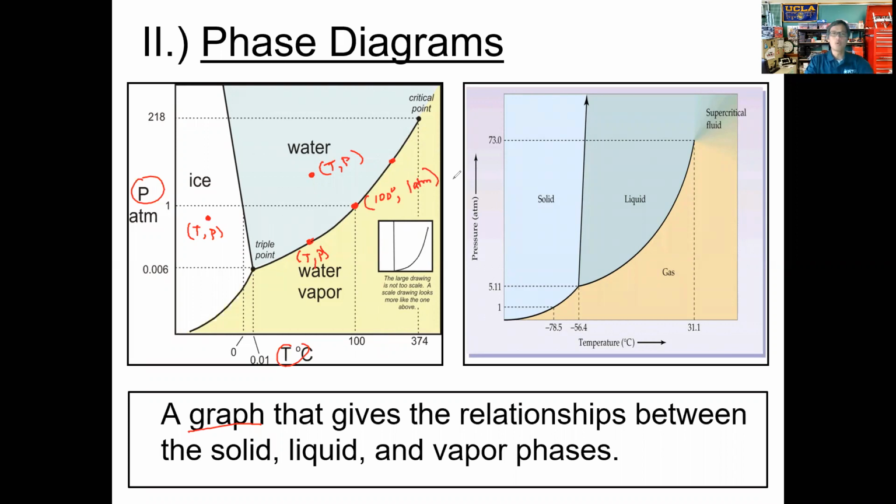So the coordinates for this particular point are 100 degrees, 1 atmosphere. We can do the same thing for any of these points. Let's try this one right here. At this point, we trace up. The temperature here is about 0.01 degrees, and the pressure is 0.006 atmospheres, ATM.